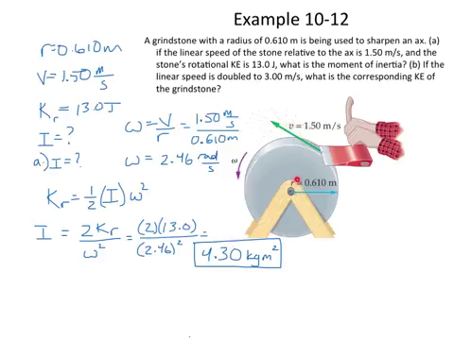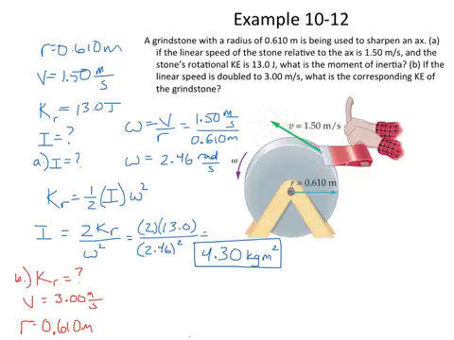Well, let's use that now to solve for part B, because part B is asking what is now the new corresponding rotational kinetic energy of the grindstone if the linear velocity is 3.00 meters per second. It's the same grindstone, so it's got the same radius, 0.610 meters.